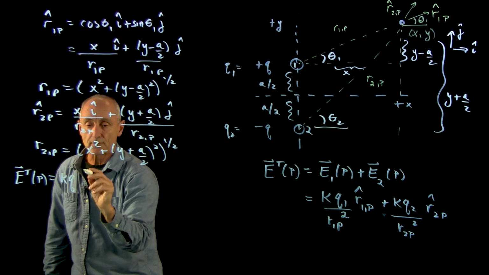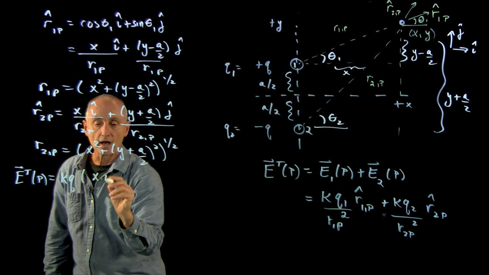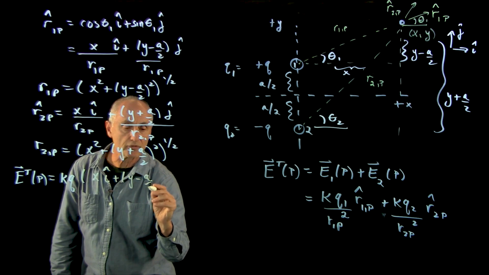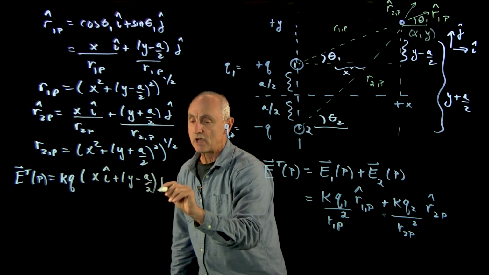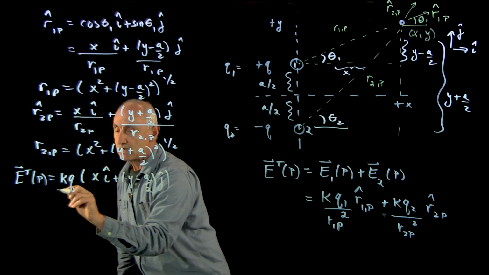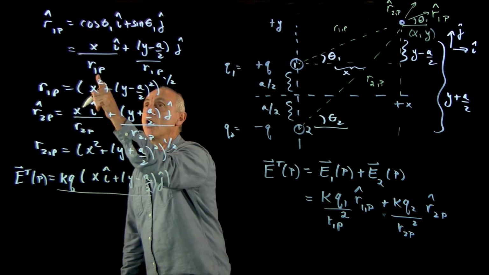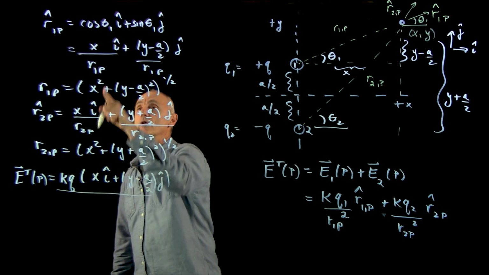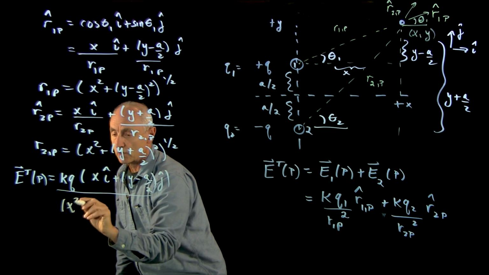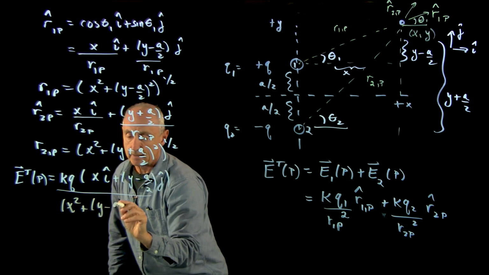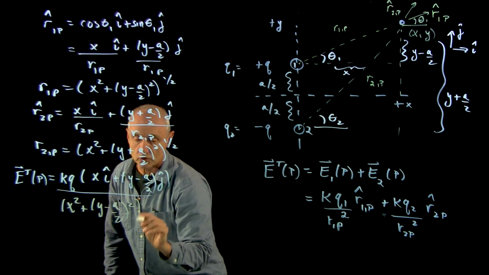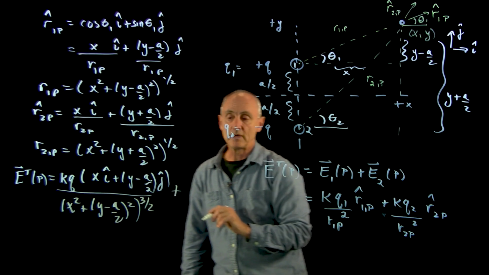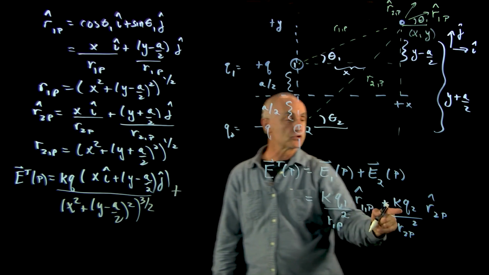So there is x i hat plus y minus a over 2 j hat. And the denominator is R1P cubed. There's a square factor there, one more there, and we have x squared plus y minus a over 2 squared to the 3/2 power.